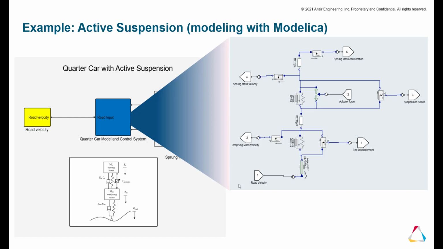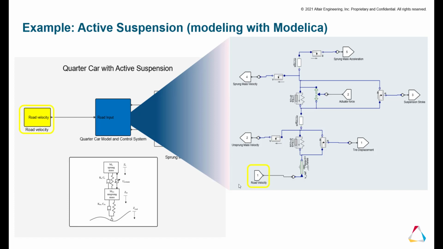That's because of the way you can utilize Modelica blocks. The way they interact and share information with each other is an acausal way of modeling, and it allows you to make your system look very much like the diagram that we saw.